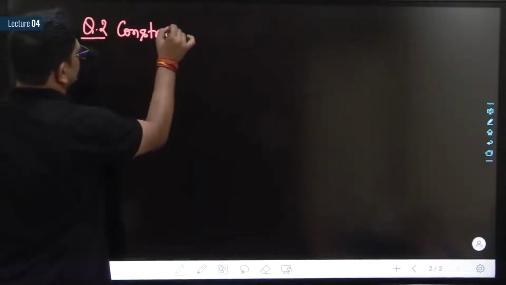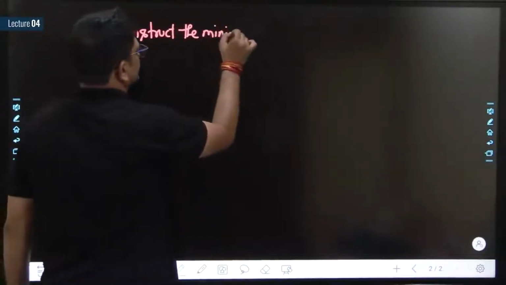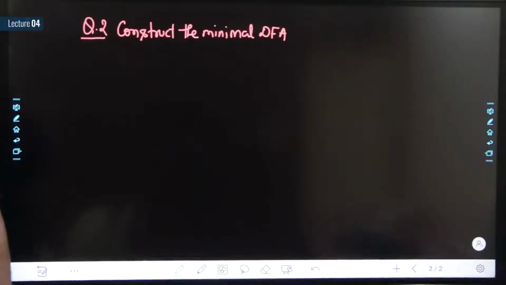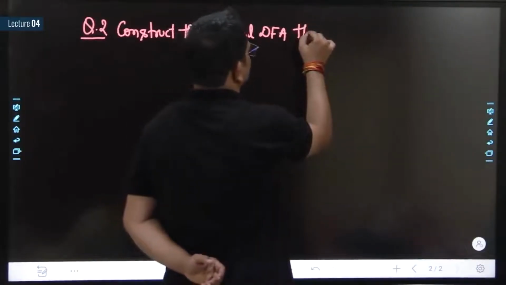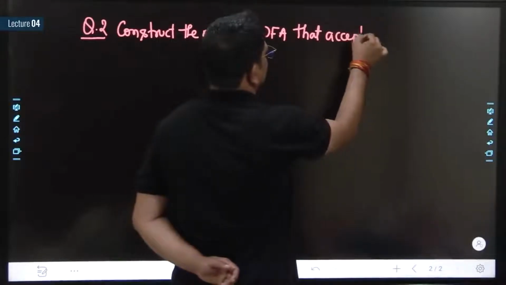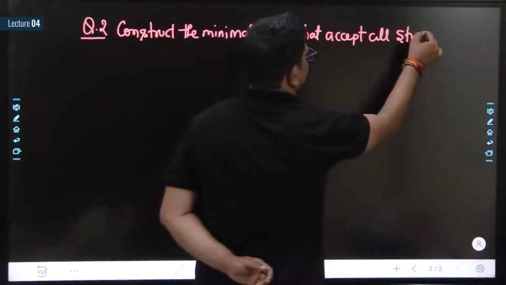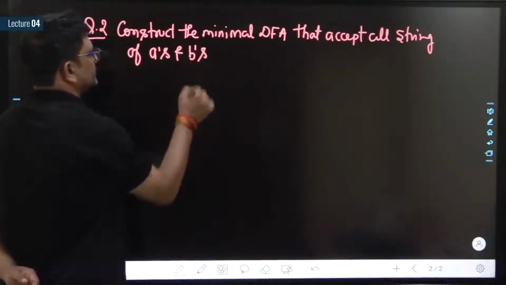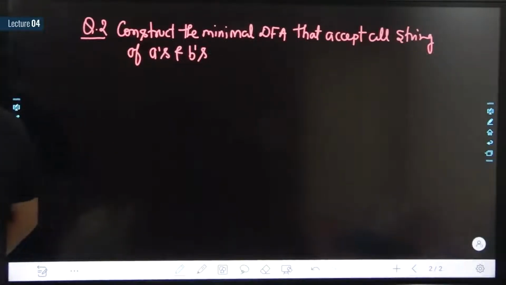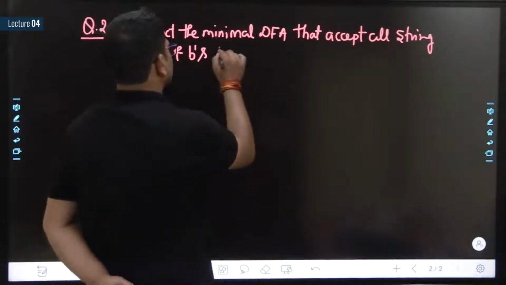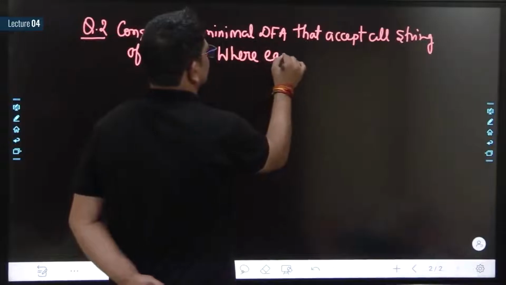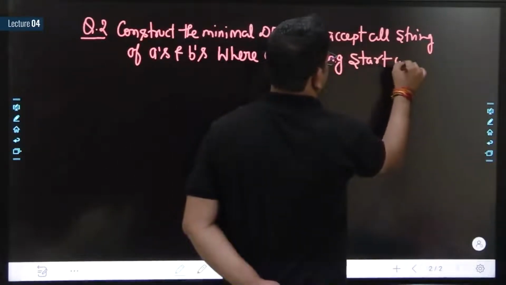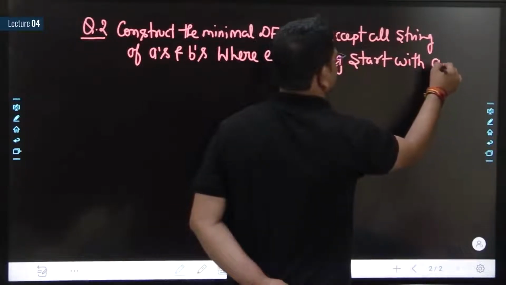Construct the minimal DFA that accepts all strings of A's and B's where each string starts with A. Clear?